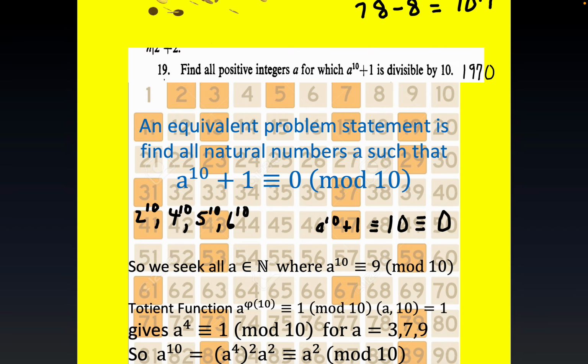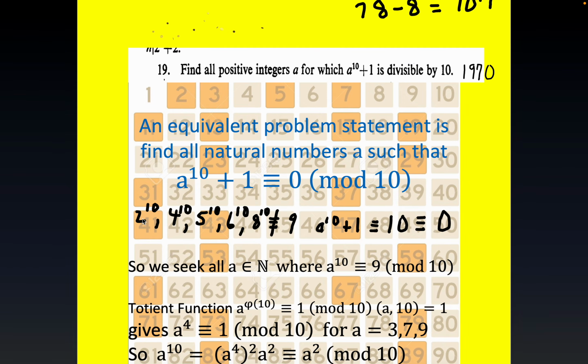And then what else? 8 to the 10th. None of these can be congruent. And I'm going to do the negation, the slash. That's universal for negate. None of these could be congruent to 9. And that's manifest. You don't have to spend too much time on that, right, folks?